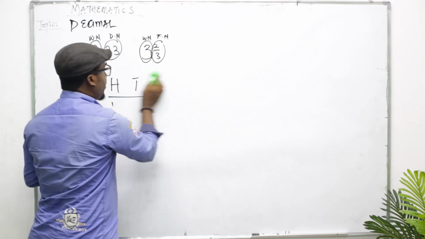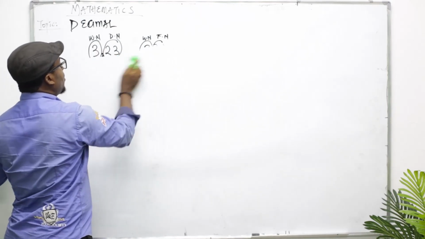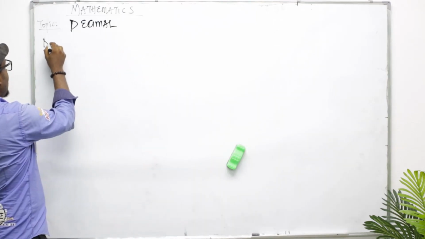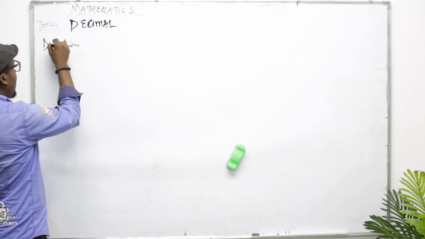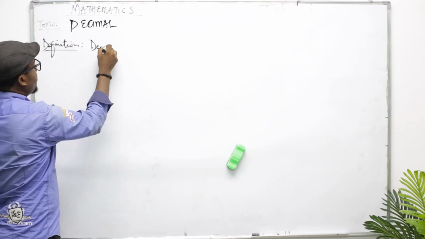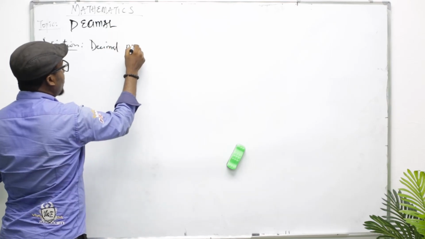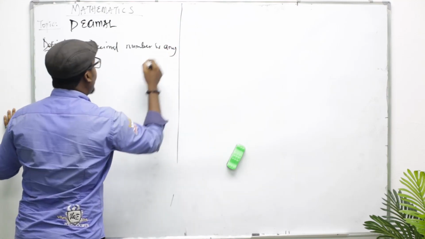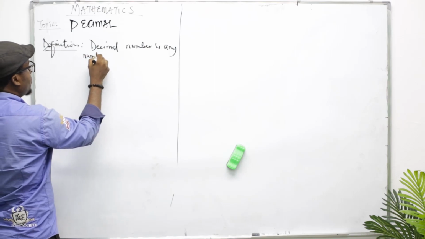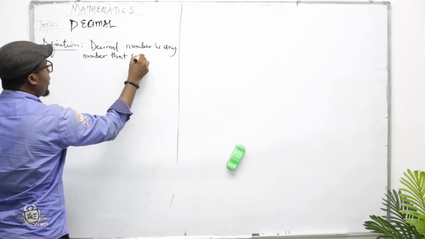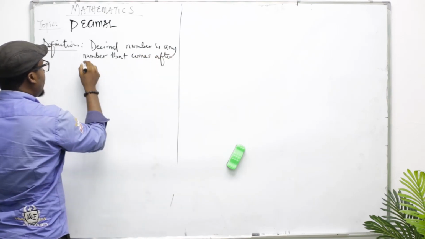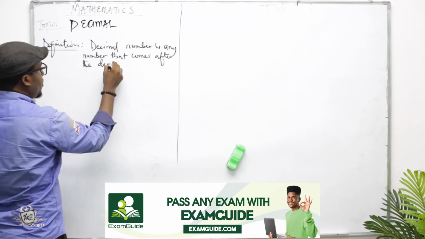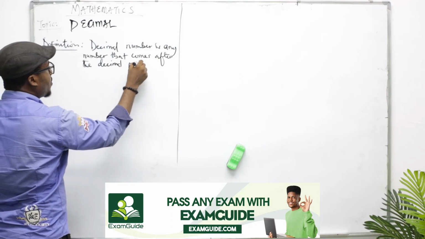So we have established that your decimal number, let's define it properly, is any number that comes after the decimal point.